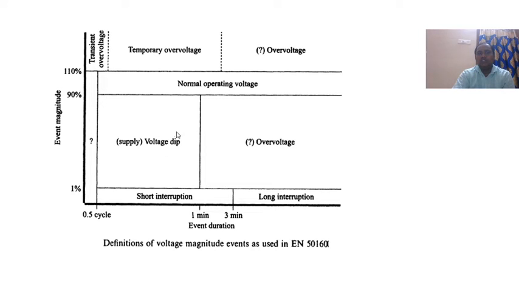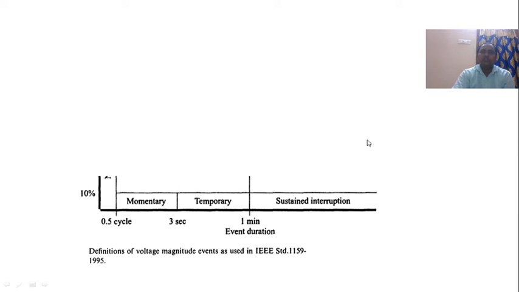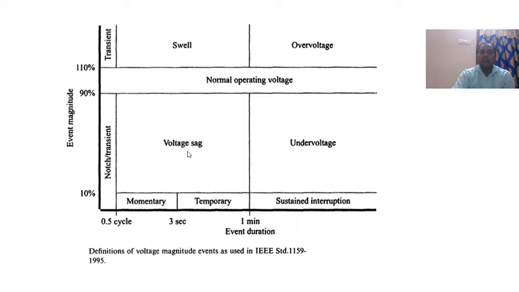Below 90% of voltage, we will call it a sag or voltage dip. Next is the normal operating voltage, here also 100%. Above 110%, we can classify it into transient over voltages, temporary over voltages and over voltages. So this is another diagram for magnitude versus duration plots.